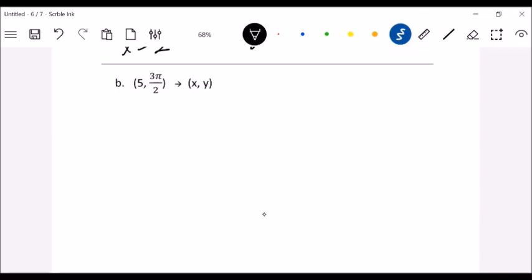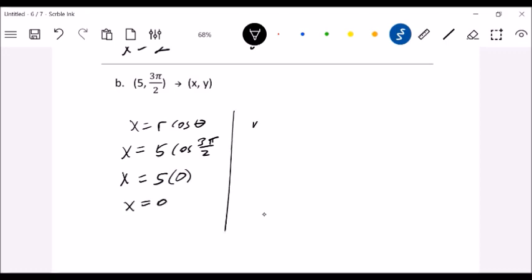Welcome back. And so x equals r cosine theta. X equals 5 cosine 3 pi over 2. X equals 5 times, well, the cosine of 3 pi over 2 is 0. So x is equal to 0. Y is equal to r sine theta. Y is equal to 5 sine at 3 pi over 2.